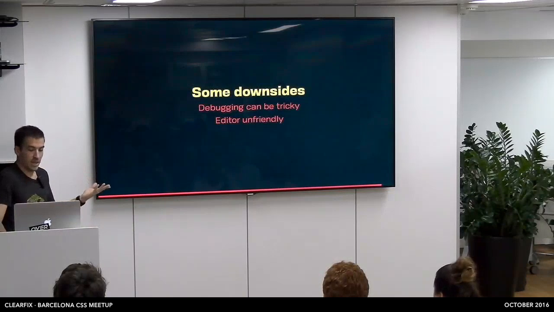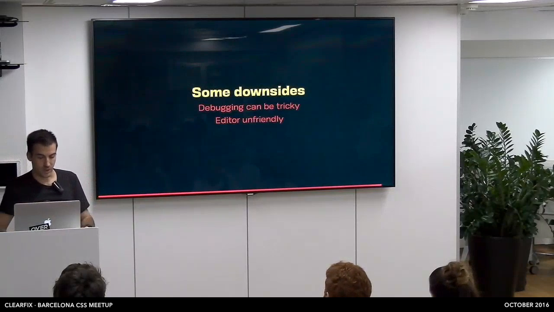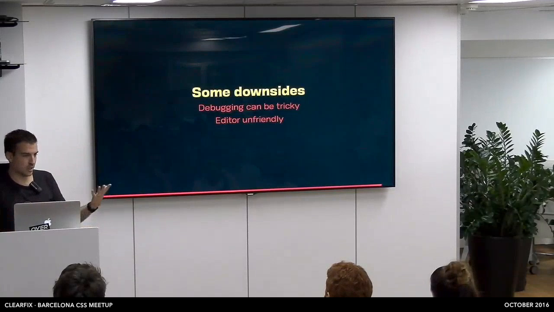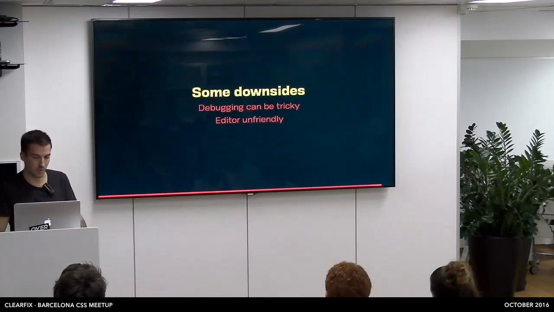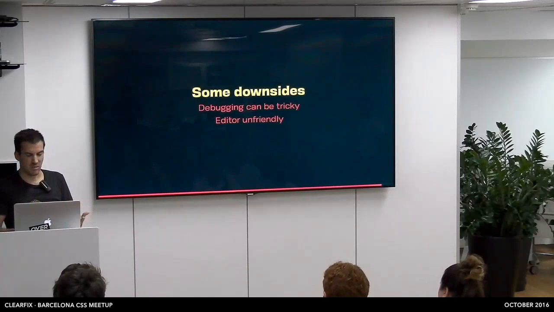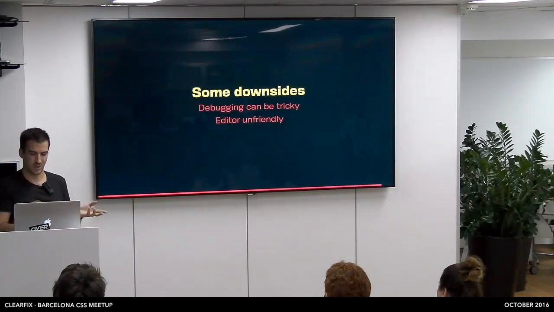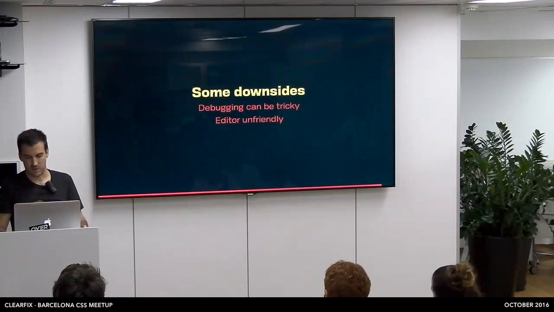There are some downsides. It's kind of early to adopt this on a global scale. Debugging can be a little tricky. It's a young technology, and there are little to no source maps involved. So with the scoped classes being generated, it's kind of a mess. But you have React Dev Tools and stuff like that that can help.